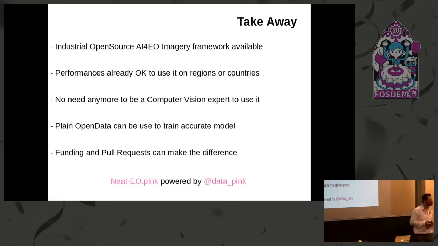Yes, please. How does this compare to RoboSat? Could you repeat the question, a bit louder, please? I asked, there's another framework called RoboSat Pink, which is similar. Yeah, RoboSat Pink was the name of the previous version. Neo is a rename, a 0.7 version of the 0.6 RoboSat Pink version.